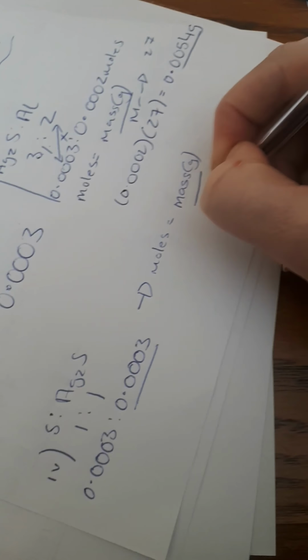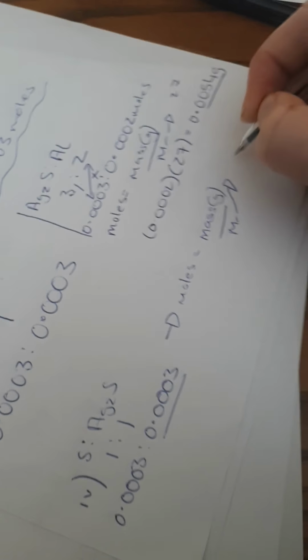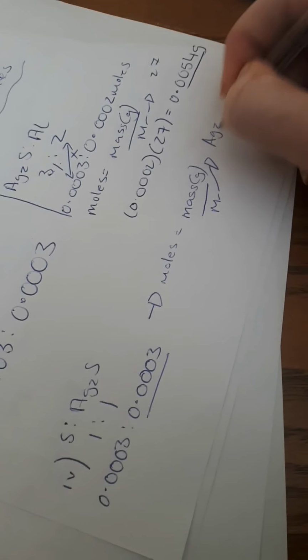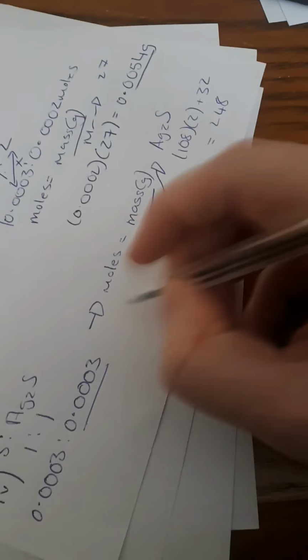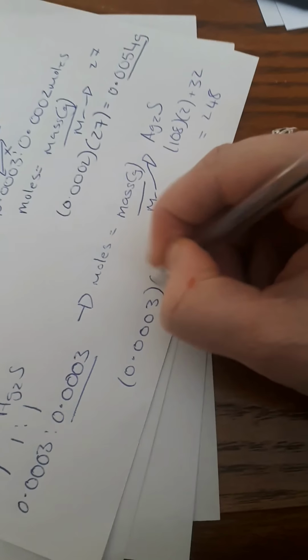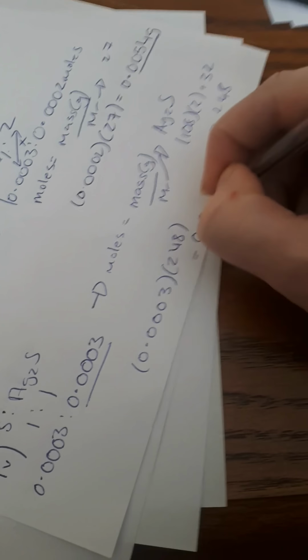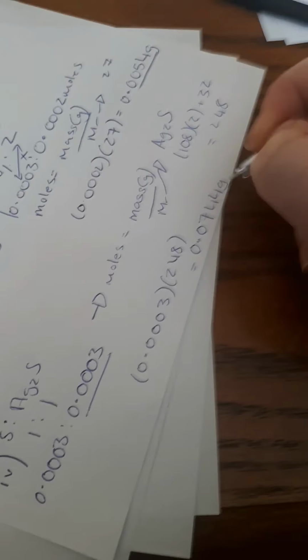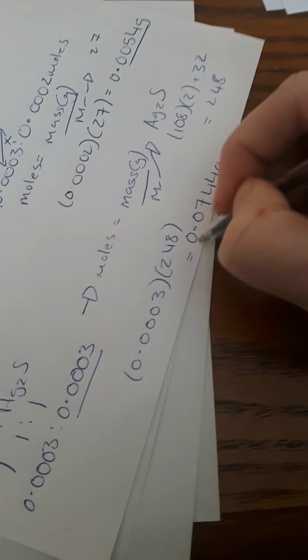So my Mr is going to be the total mass of my silver sulfide, Ag2S, and that's 108 by 2 plus 32, which gives me a total of 248. So my mass in grams, 0.0003 multiplied by 248, gives me in total, if I had removed all of my silver sulfide, the loss in mass would have been 0.0744 grams.